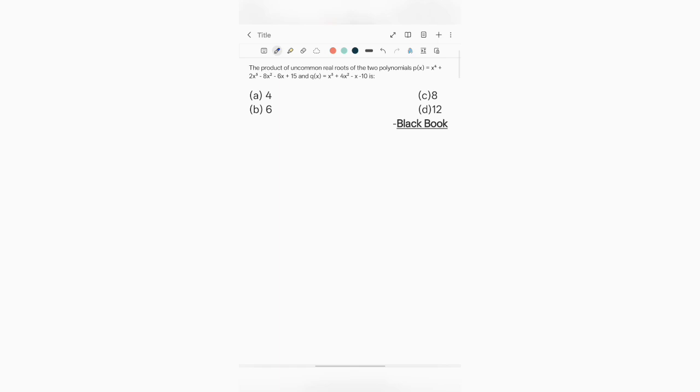So firstly, we solve the second polynomial. It is x cube plus 4x square minus x minus 10. If we put x equals minus 2, then the polynomial becomes 0.